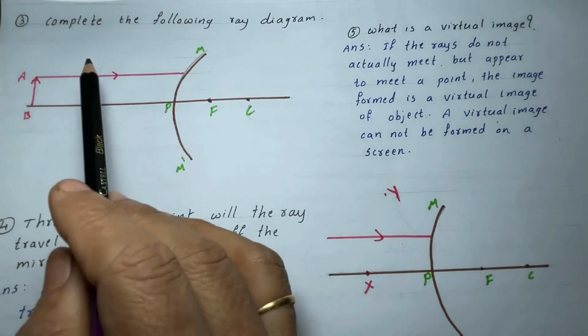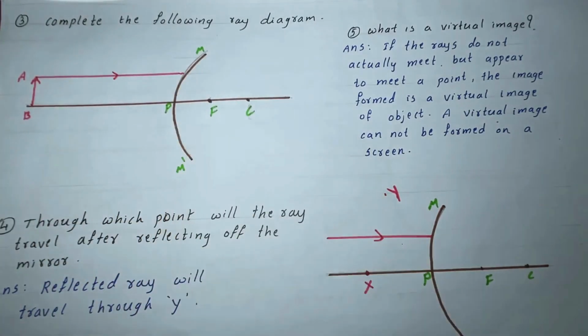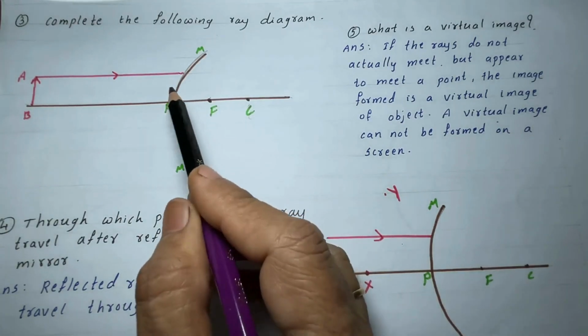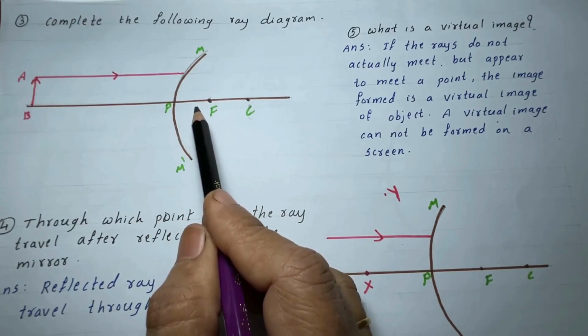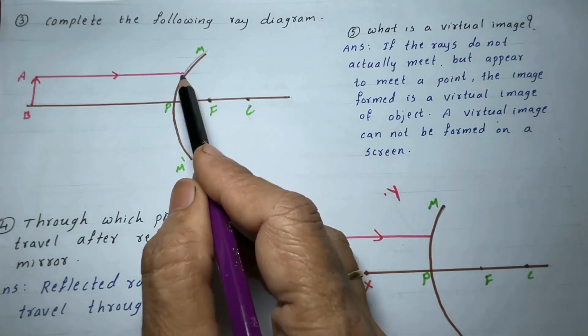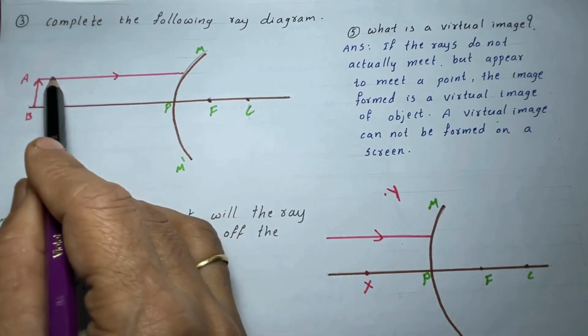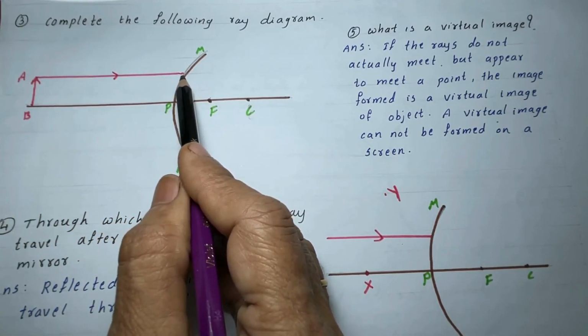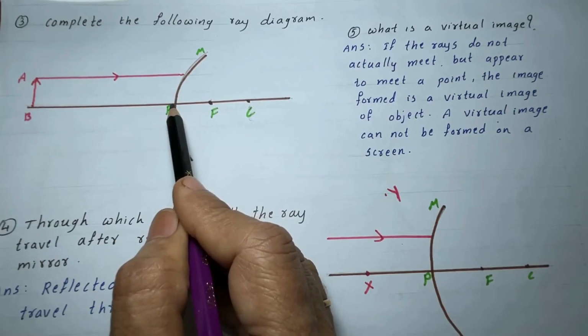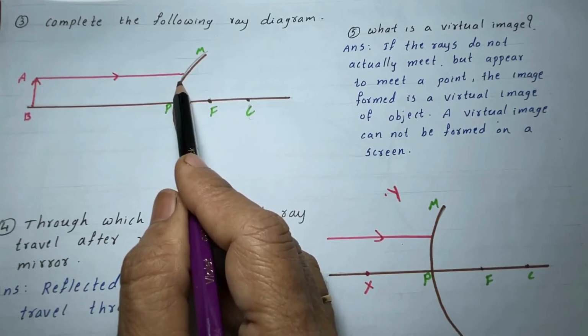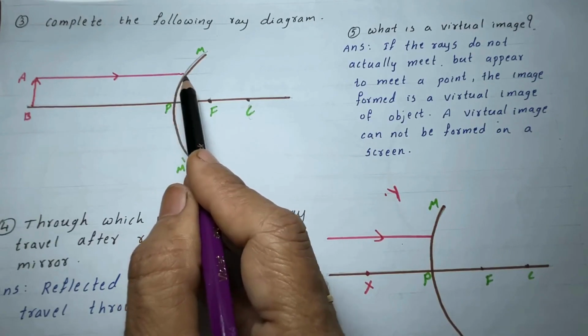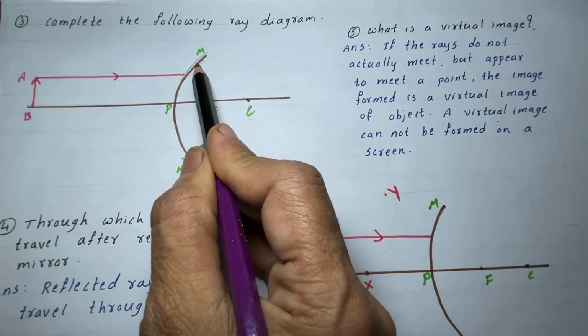Our next question is, complete the following ray diagram. Here a ray diagram is given. First, what kind of mirror is it? The incident ray direction is given. It is on the outer surface, so the outer surface is behaving as the reflecting surface. So this is a convex mirror.